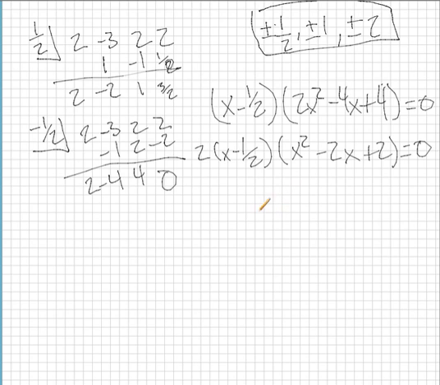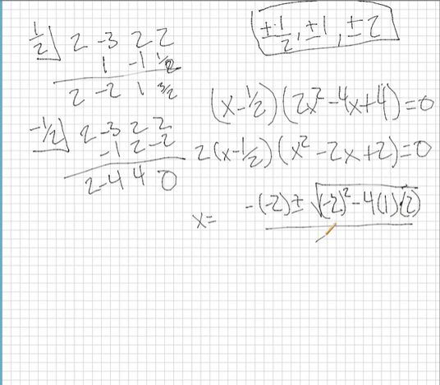So x equals negative negative 2 plus or minus the square root of negative 2 squared minus 4ac, all over 2a.